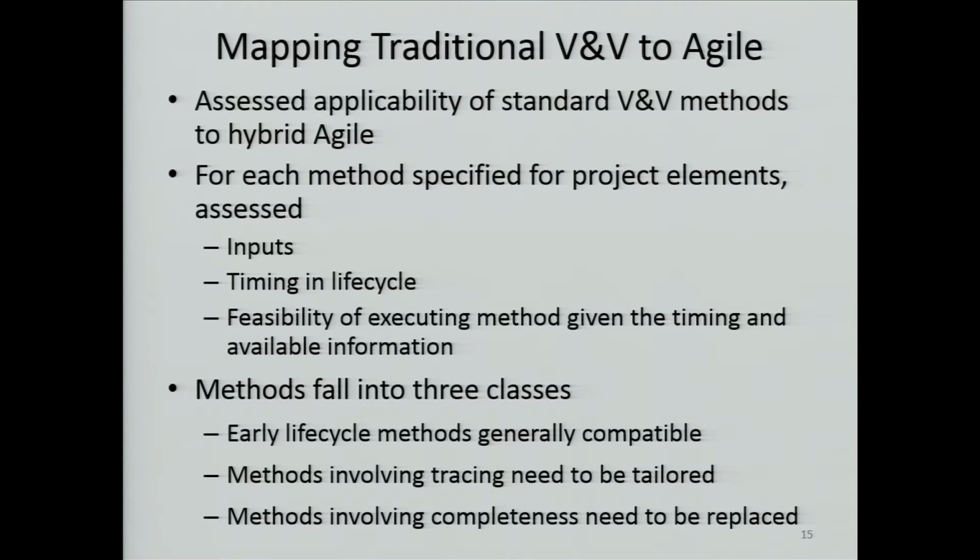And what we found is they fall into three classes: the early life cycle methods, which are fully compatible; methods involving tracing, which need to be tailored, but which work; and methods involving completeness, which are going to have to be replaced.